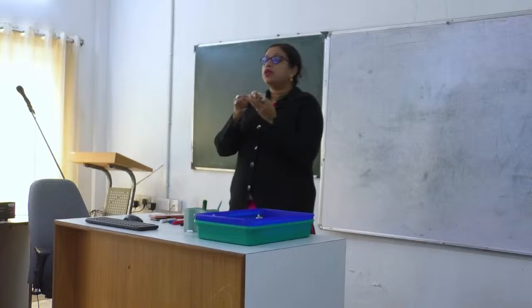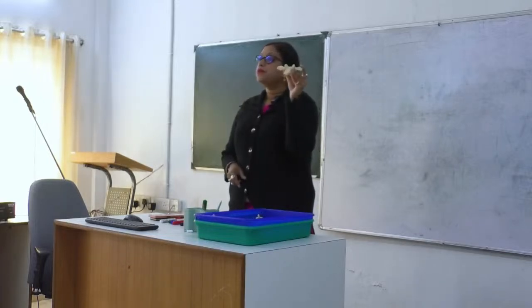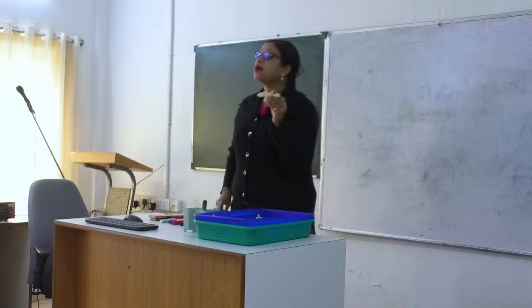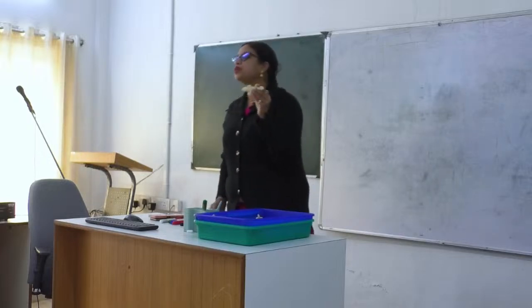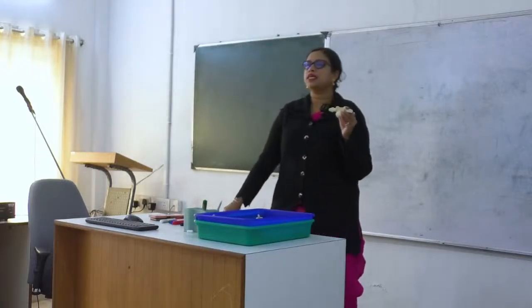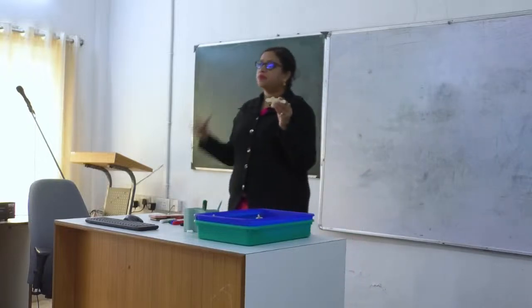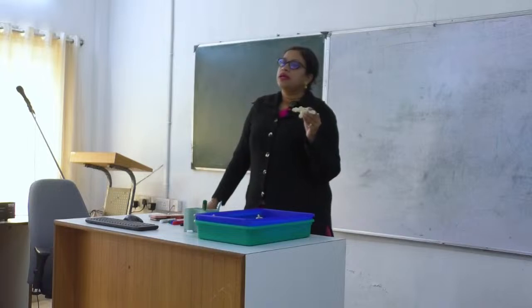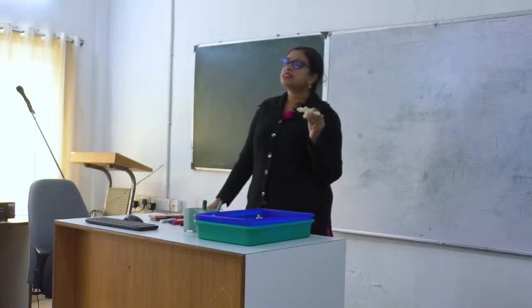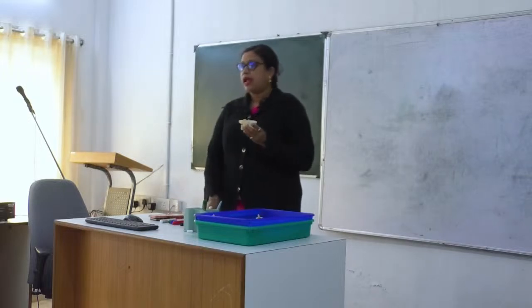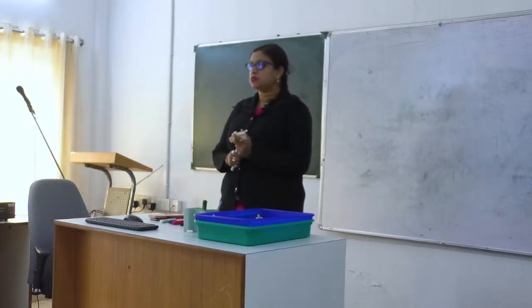Okay. Then what about the posterior lamina? Now see here, there are two deep muscles of the back. So write it down: the posterior lamina of thoracolumbar fossa encloses two deep muscles.